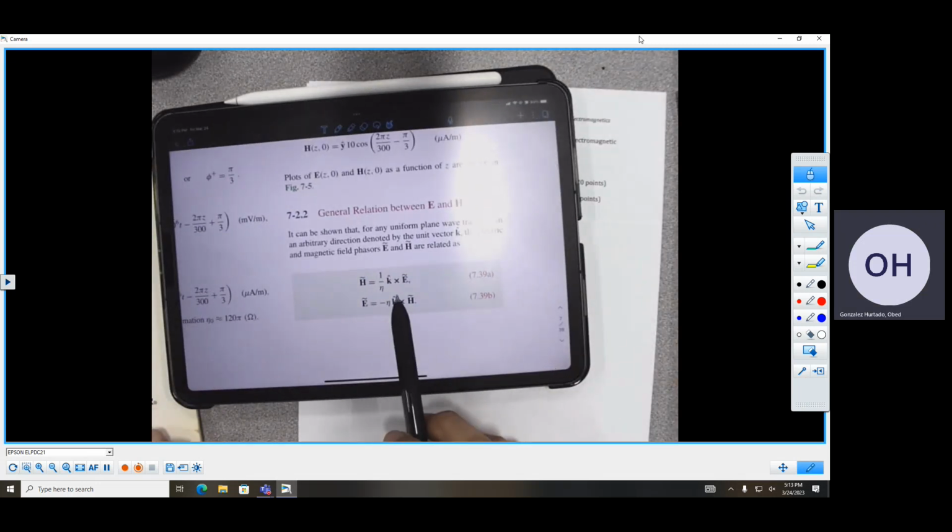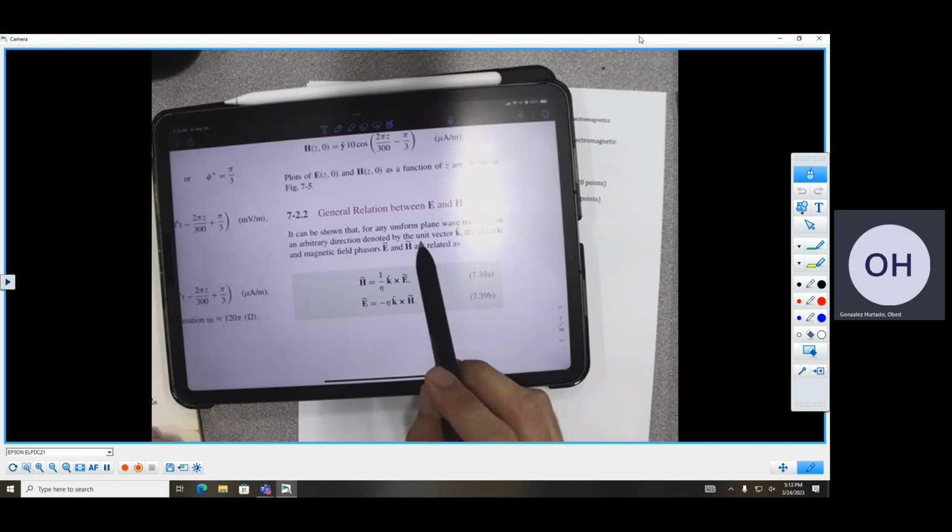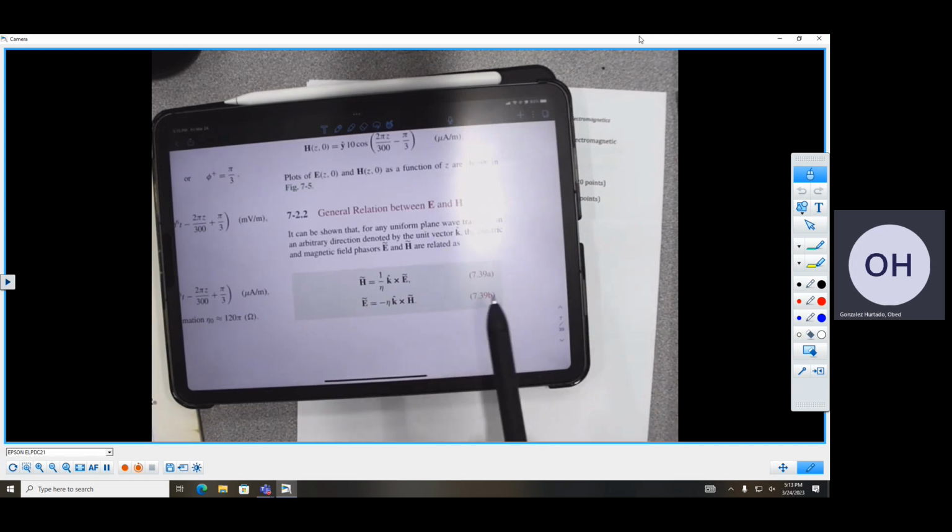These equations are only for a plane wave. And this is different from the ones that were used in chapter 6. Chapter 6, I think you could use just in general. That one's just the general one, but this one's only for plane waves.